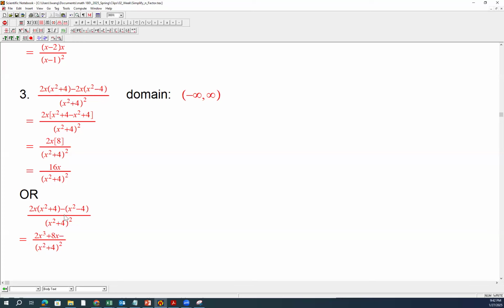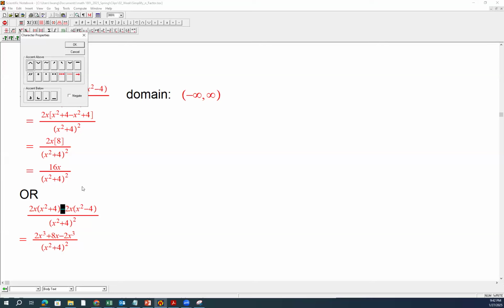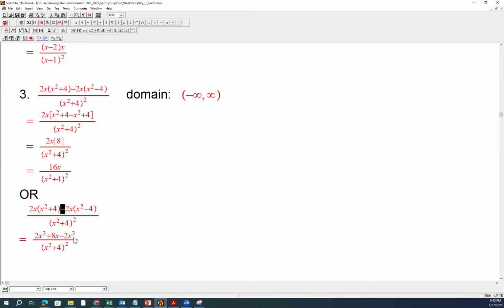Sorry, I put it in the wrong place. And negative 2x times 8 times negative 4, you get plus 8x.